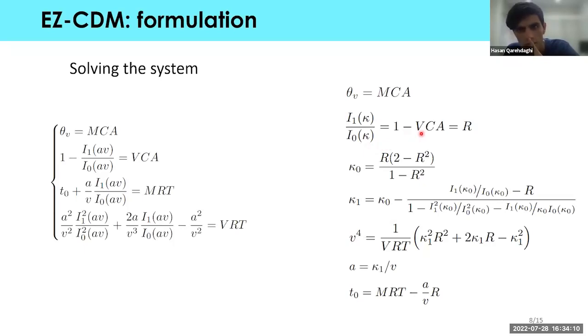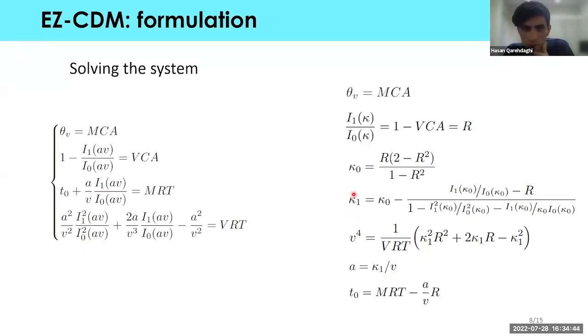And 1 minus the angular variance is called the mean resultant length. And here we can solve it for kappa. There is a heuristic approximate solution for this, but it's not accurate enough for our use here. So we use a single iteration of Newton-Raphson, which gives a good approximation of kappa.